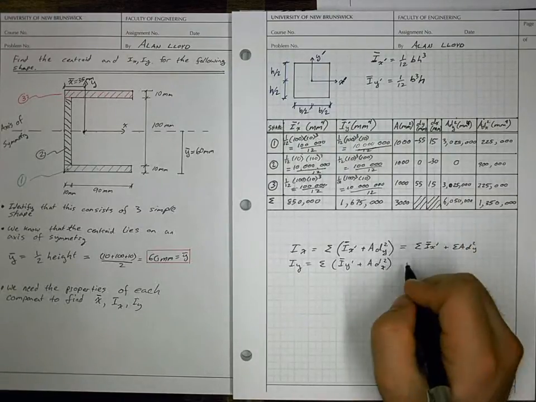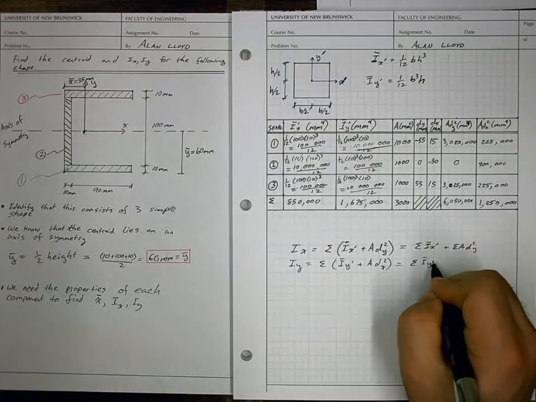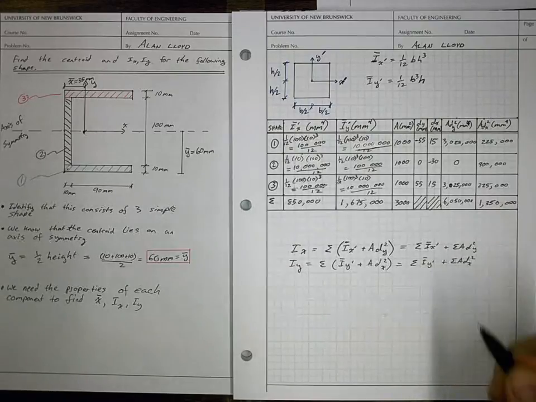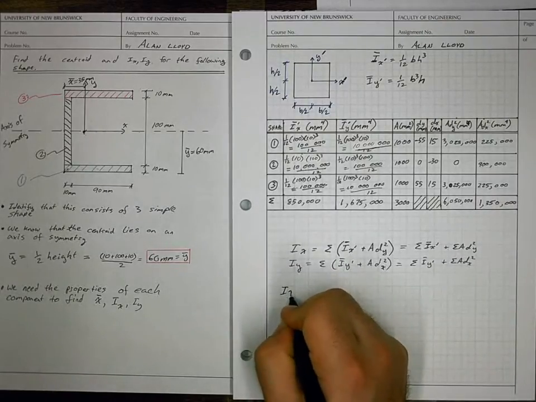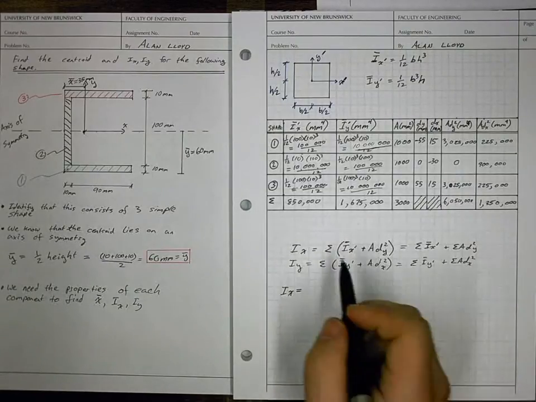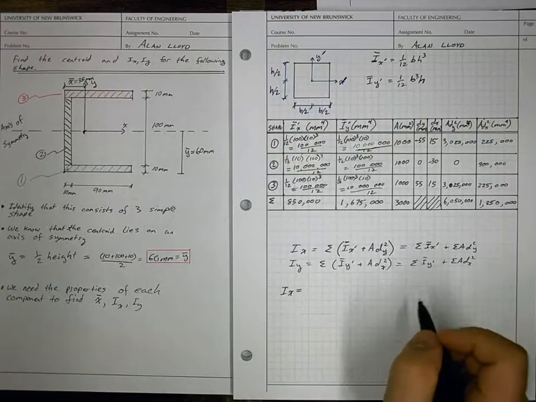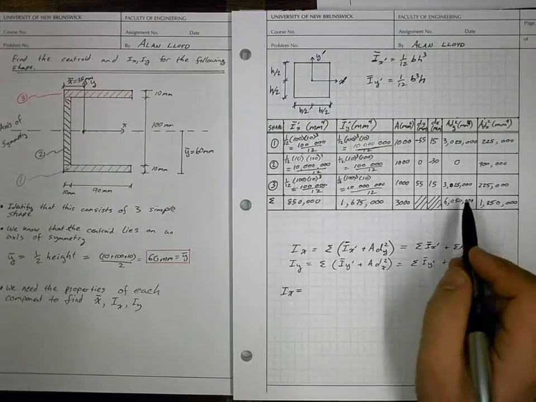So down here we had the same principle. We could take I bar y prime plus the sum of area dx squared. So if we want to calculate moment of inertia in x for the whole composite structure, we would add I bar x prime plus the sum of a dy squared.